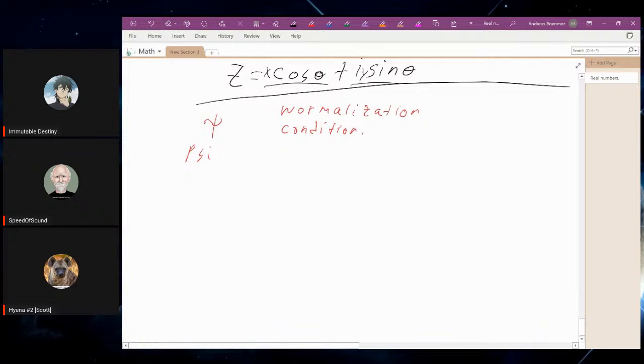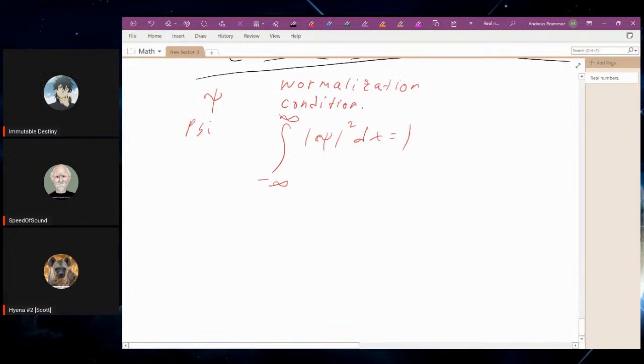That the magnitude of psi. And that might seem a little bit weird at first, but let me try to explain what it actually means.